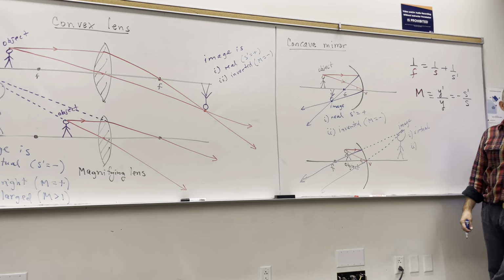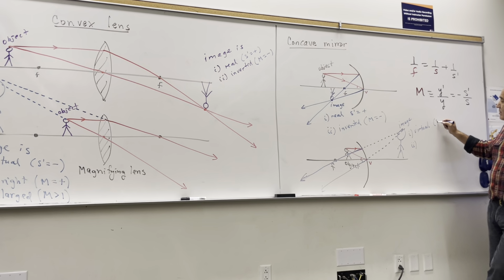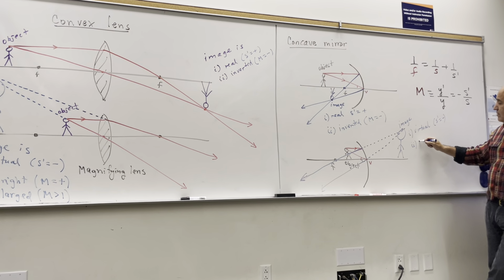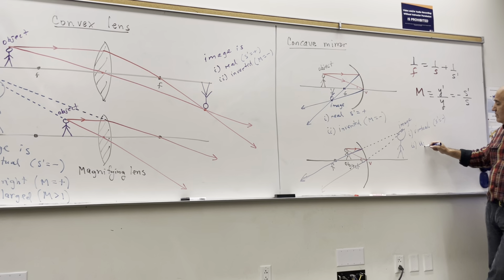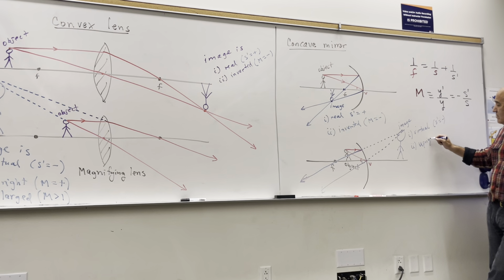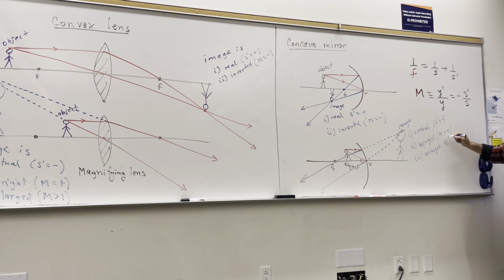Is it upright or inverted? So that means that the magnification is plus, right? Is it enlarged or reduced? So we can say that the magnification is gonna be plus and more than 1, so it's gonna be greater than 1.